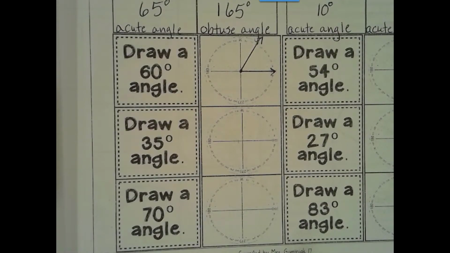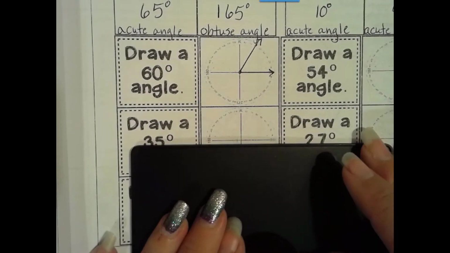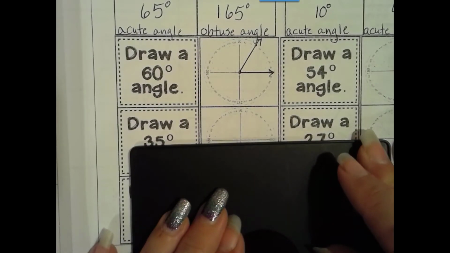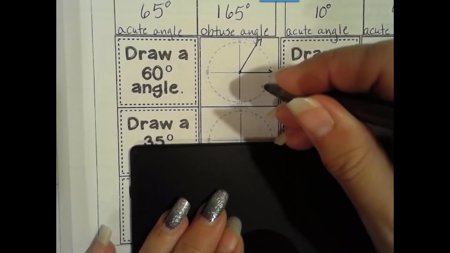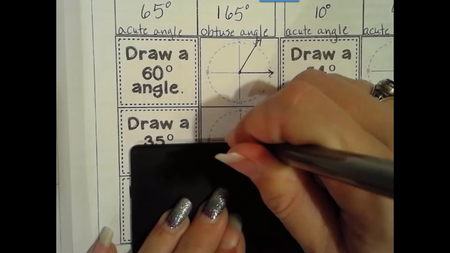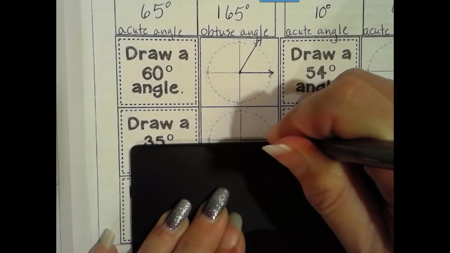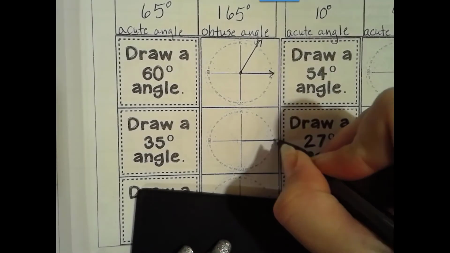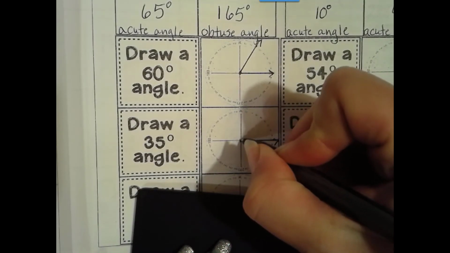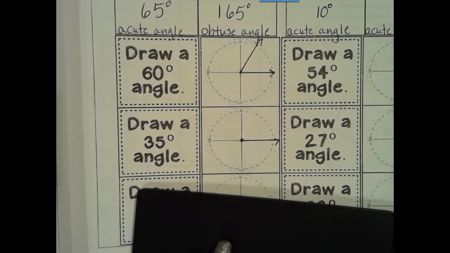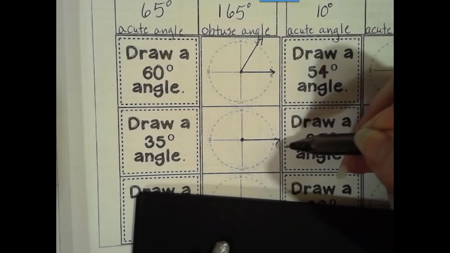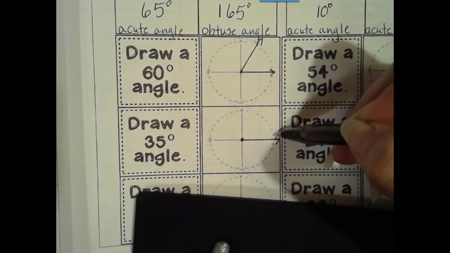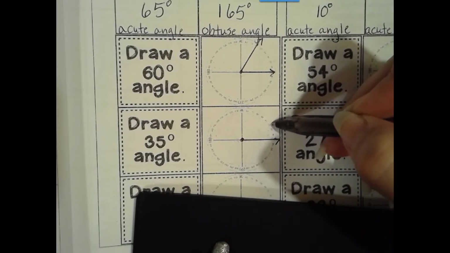Okay, next one we have our 35-degree angle. So we're going to start at 0 again. So we make our ray at 0. Now we have to find where the other side terminates or ends. 10, 20, 30, and this is 40.